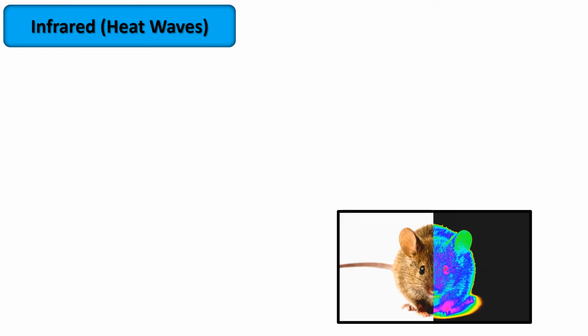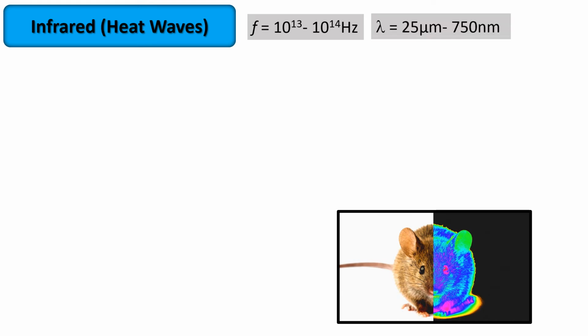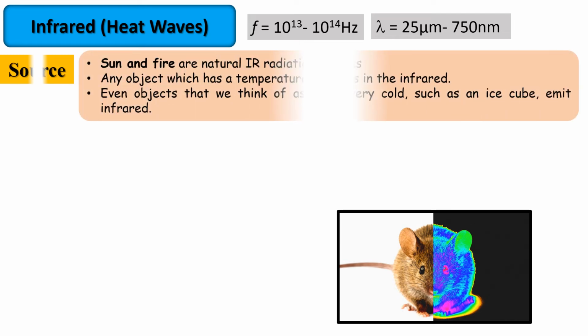Then comes infrared, which are also known as heat waves. The frequency is 10 to the power 13 to 10 to the power 14 hertz and wavelength is 25 micrometers to 750 nanometers. So wavelength is decreasing, frequency is increasing. Now the main source of infrared or heat waves is the sun and fire. Any object which has temperature radiates in the infrared.